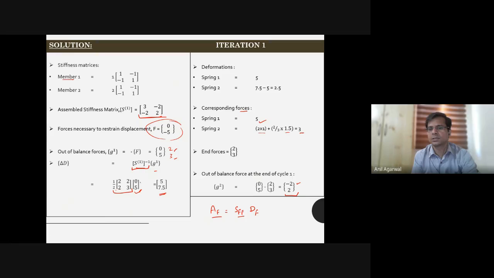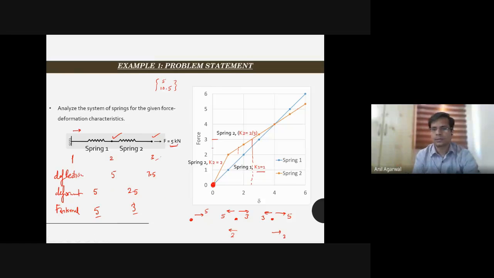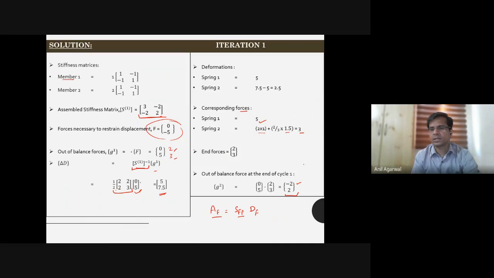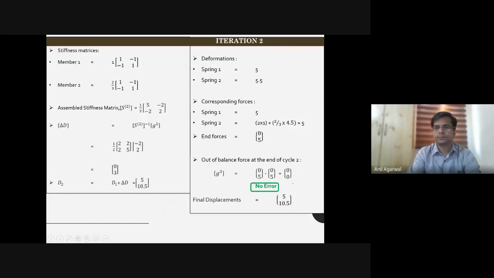Out of balance force is -2 in this degree of freedom and 2 in this degree of freedom. -2 and 2. Got it? So now we have completed the 4 steps. We have calculated the unbalanced force.